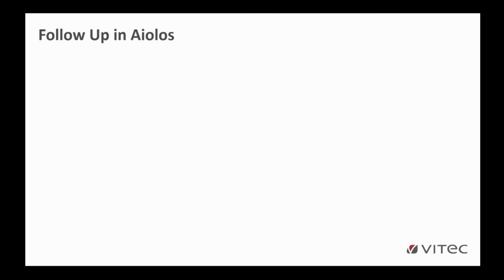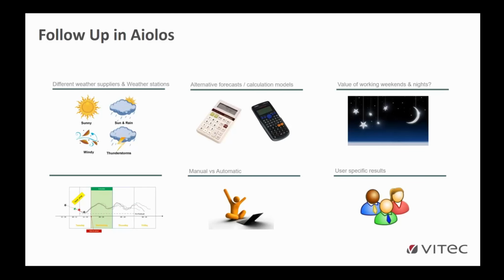So what can we do? We can compare different weather suppliers or weather stations together, or not only compare but also weight them and try to utilize all the positive benefits from each provider. We can compare and use multiple calculation models or even alternative forecasts. You can find out the value of working weekends or night shifts compared to having the system run automatically.